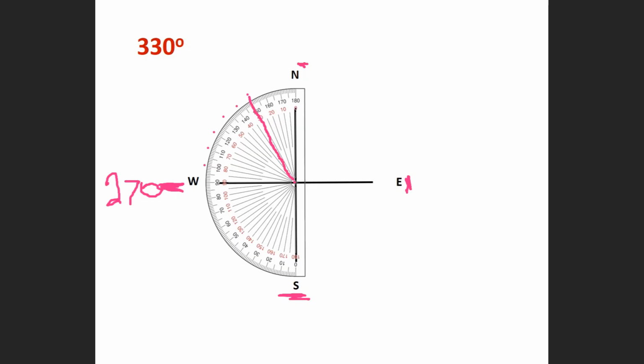Then I use that curved line, which is the indicator, to show that this is my 330-degree bearing. So the indicator moves all the way here. Then you can write this 330 degrees, or just leave it. Now let me show you what I'm talking about.